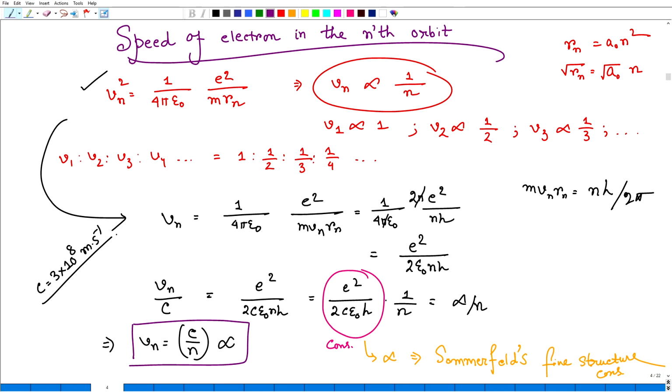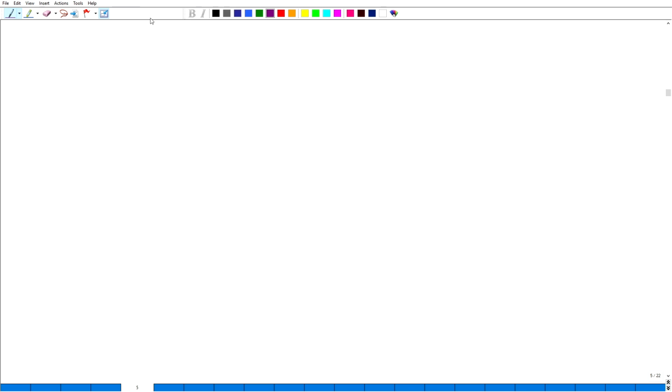Now, if you do it for n equals 1, then it will be c by n into alpha, and n equals 1 means it will be c alpha. And alpha is a constant. What was the alpha?